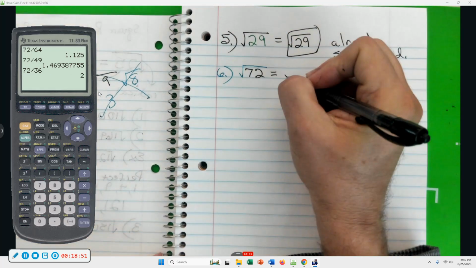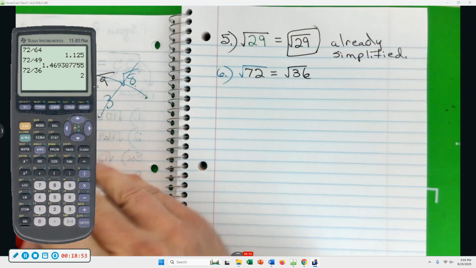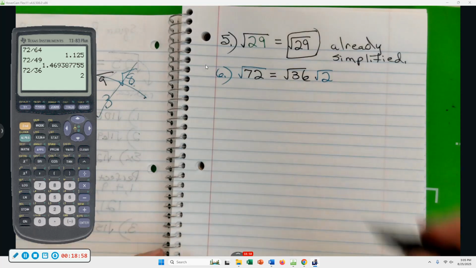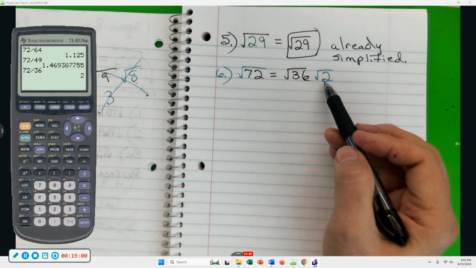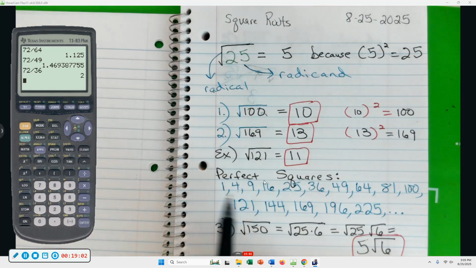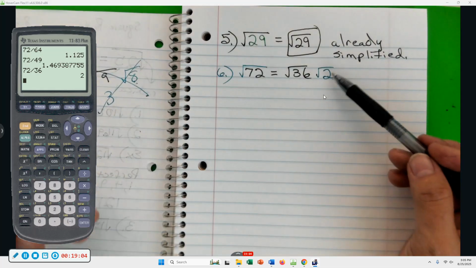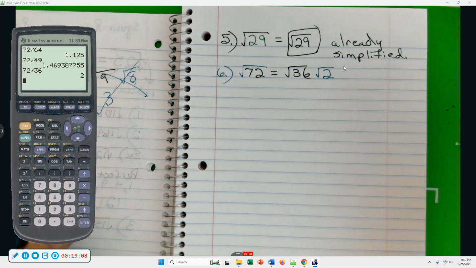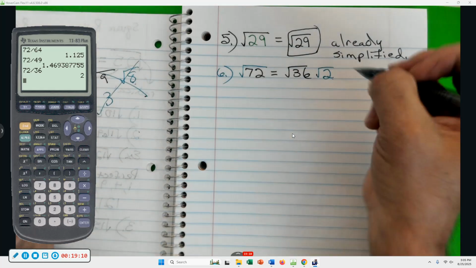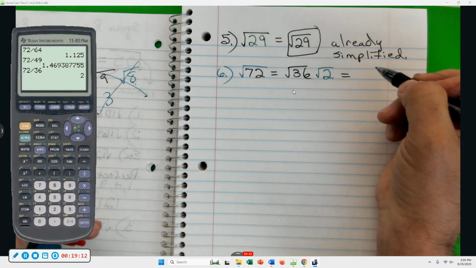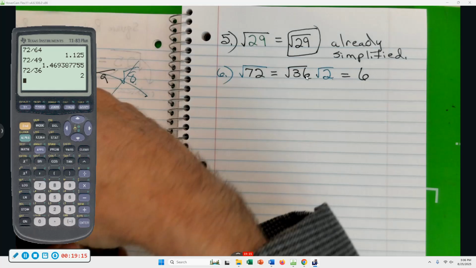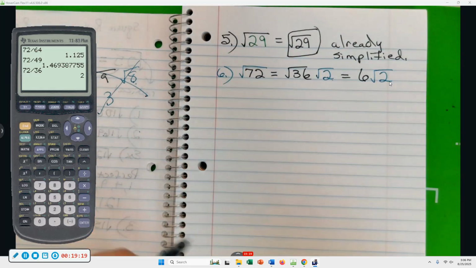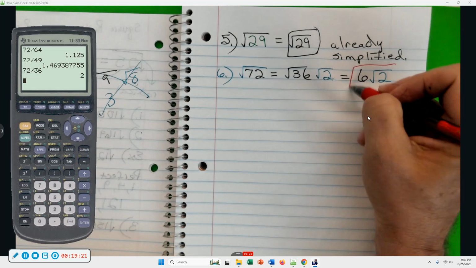So it's the square root of 36 times the square root of 2. 2 is not divisible by anything other than just 1. The number under the radical cannot be divisible by any perfect square other than 1. And what's the square root of 36? 6. So you have 6 square roots of 2 for your simplified form.